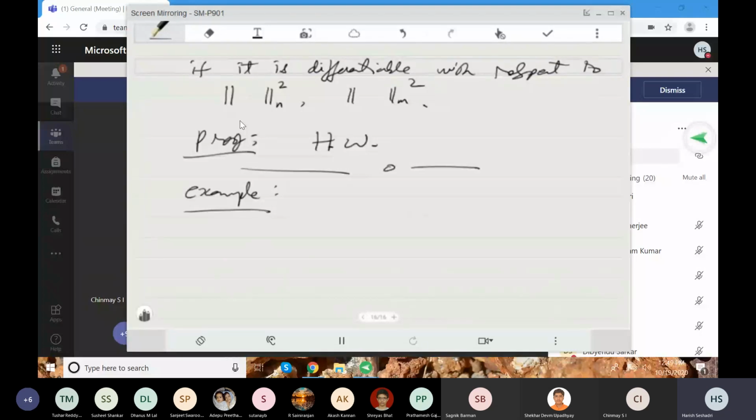Now, one can do that. It's not that difficult. But before we do that, let's take some simple functions where the domain is the space of matrices, and let's see if we can calculate the derivative of something like that. So here, the domain is the space of n cross n matrices, which we know can be identified with Rn squared.